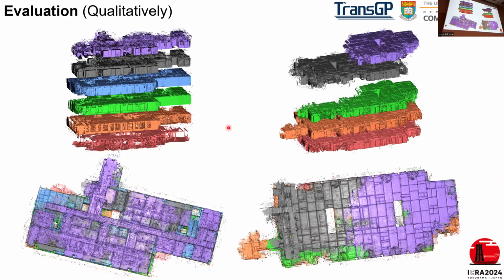The first row shows the side view, and the second row shows the bird's eye view. Here we show the four largest datasets. All of them have hundreds of scans, from about 700 to the largest at about 1,400.